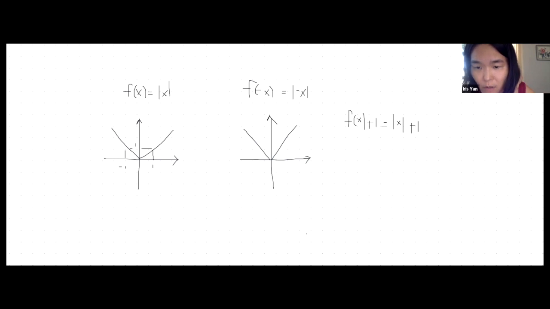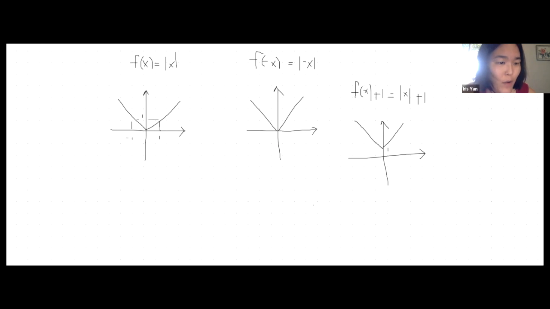So this graph is going to look like this. It's still a V, but now the vertex of the V starts at 1. When x equals 0, I have absolute value of 0 plus 1. So this is where I get 1, right? So basically, I move the V up by 1 unit. Everybody gets moved up by 1 unit. This is where it gets tricky.